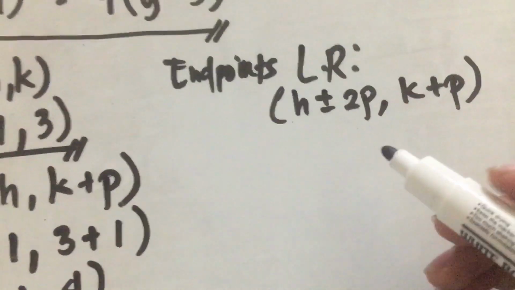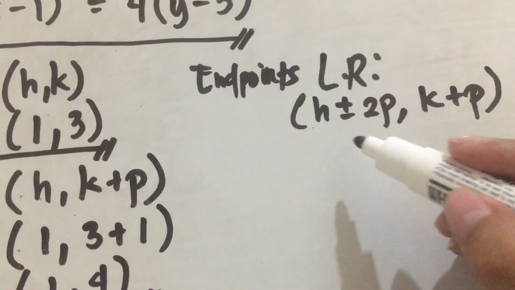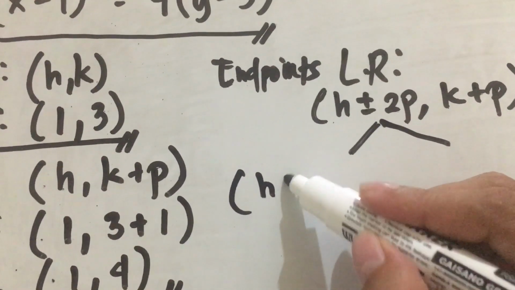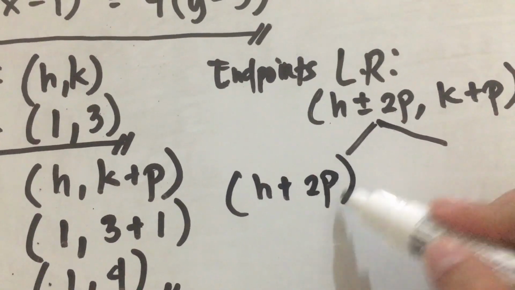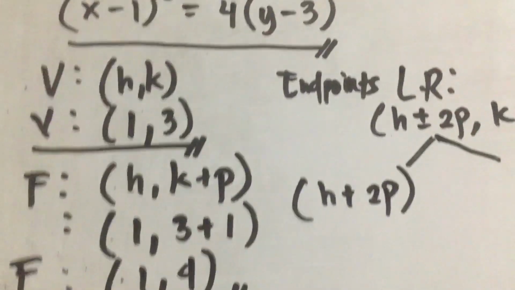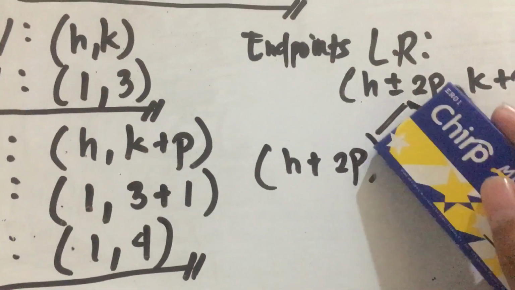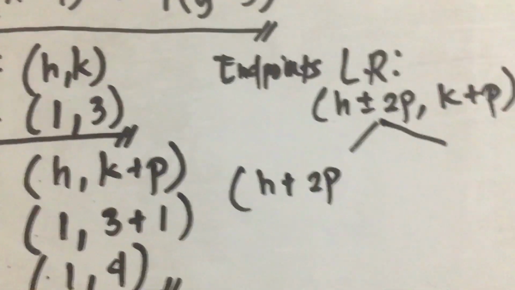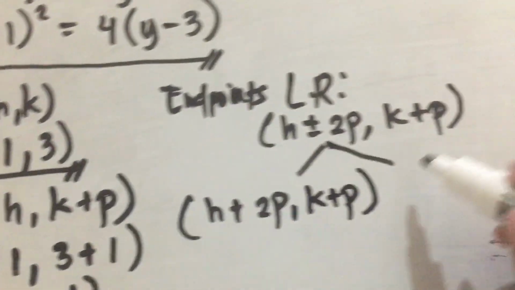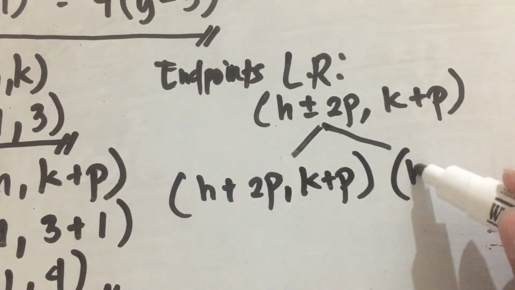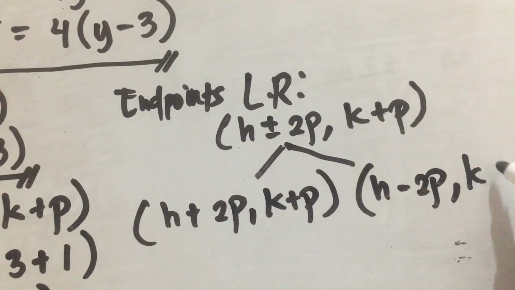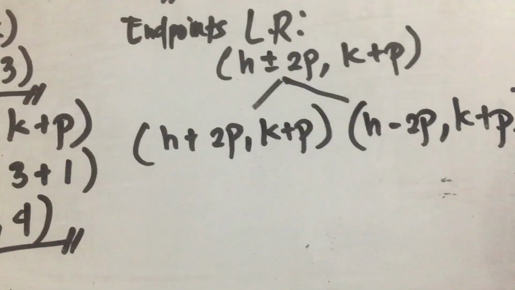So again, in order for us to arrive at this, we break it down into two parts. So h in terms of plus 2p, comma, k plus p, and the other coordinate is h in terms of minus 2p, then k plus p.